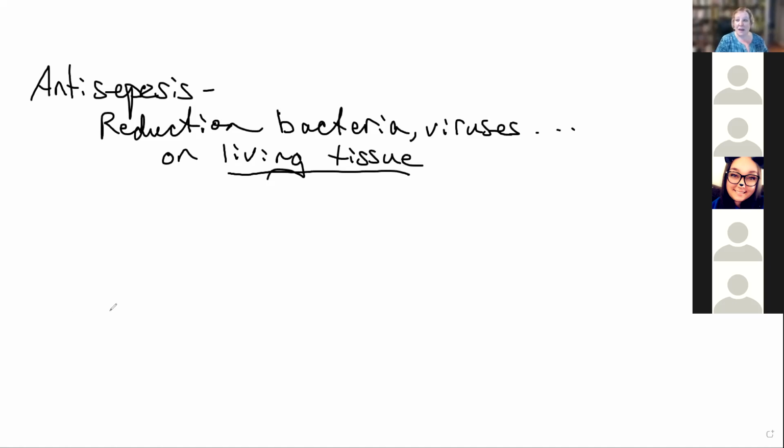And it depends upon what living tissue. We can use more harsh antiseptics on the skin, because the skin's pretty tough. We've got that layer of dead skin. So I can use some disinfectants without wearing gloves, and it's not going to hurt me.